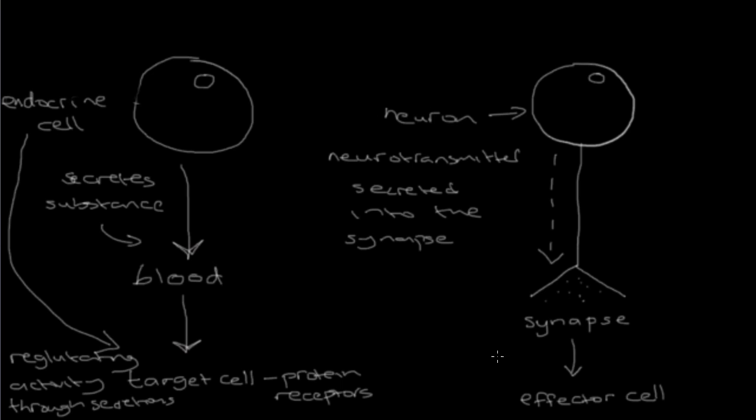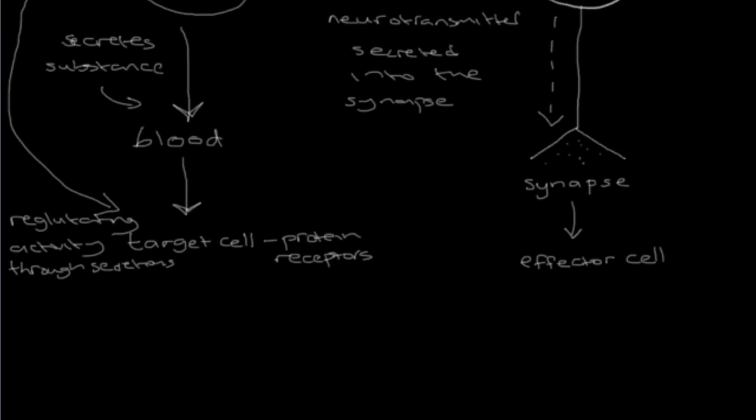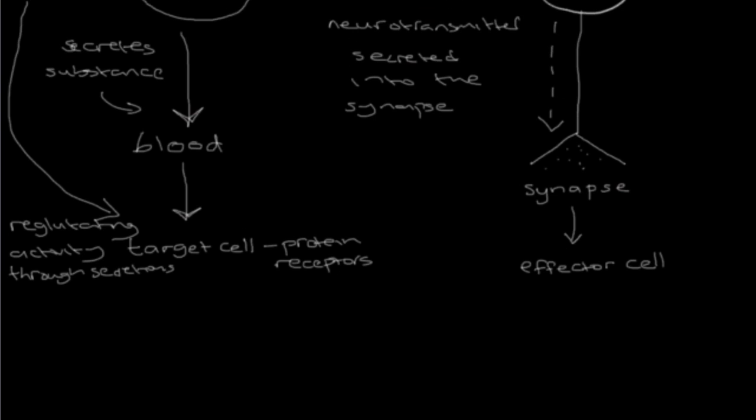So the effector cell could be, for example, I'll just move this down a little. The effector cell could be one of many things. It could be another neuron. It could be a gland.